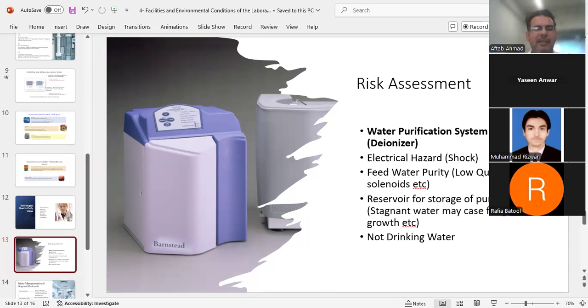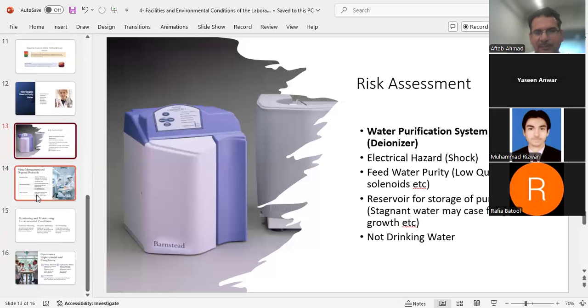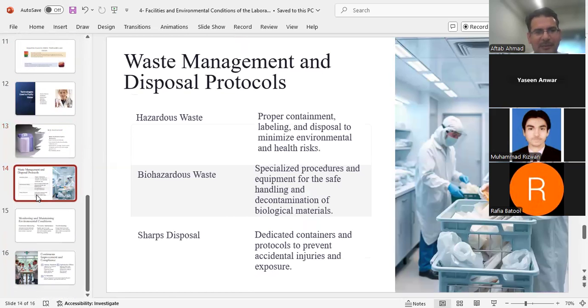Although we had a plan to have a workshop on risk assessment, unfortunately we might not be able to have it now. Then waste management and disposal protocols are very important. We had another lecture planned on that. We normally have hazardous waste, biohazard waste, and contaminated waste, and there is a proper way to handle them. I'll share these slides with you.